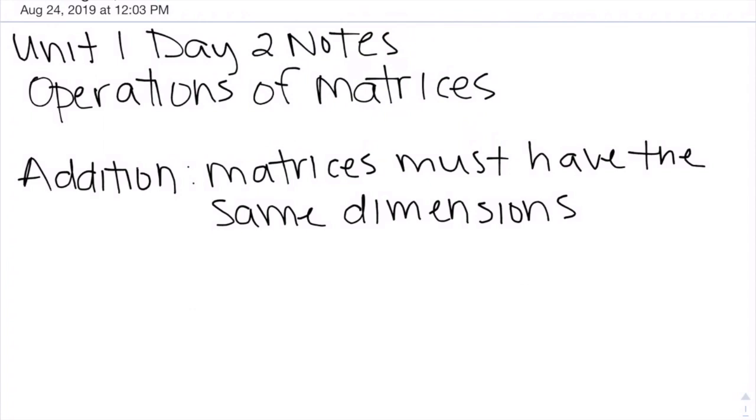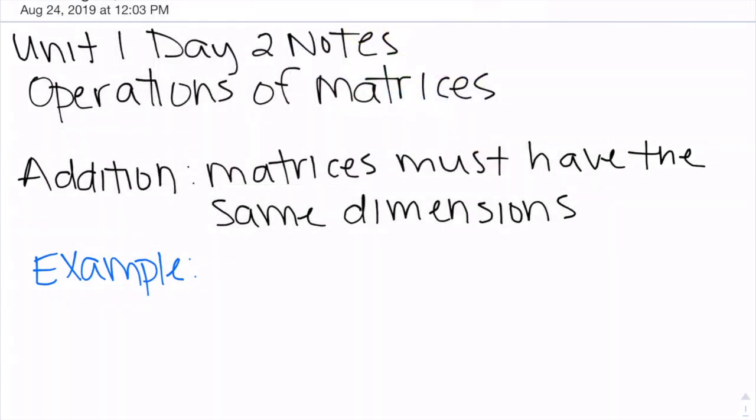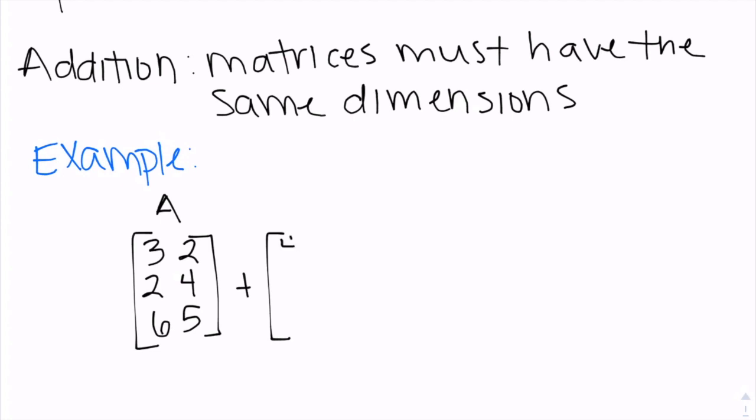So, an example: if we have the matrix which we're going to call matrix A, and we want to add the matrix which we're going to call matrix B, we want to say first, is this possible?